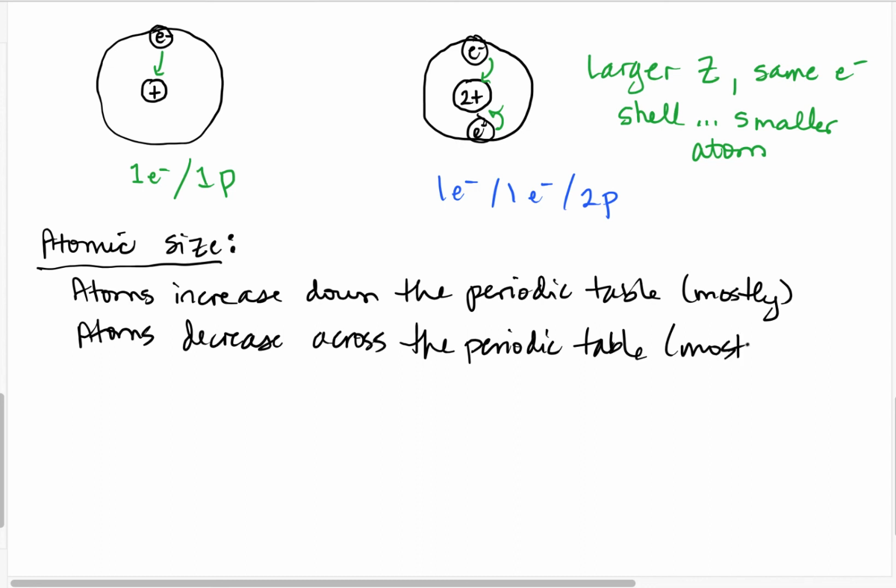These are trends, not laws, so we're just saying generally speaking. Atom size increases down the periodic table, atom size decreases across the periodic table.